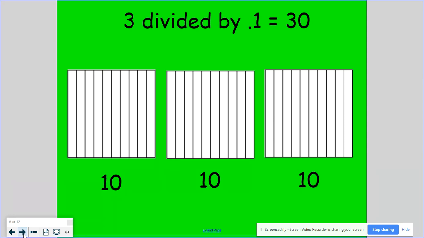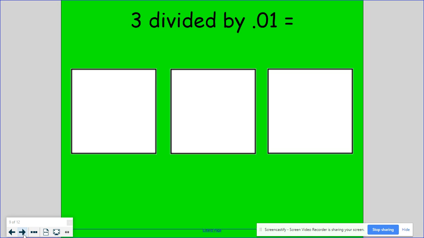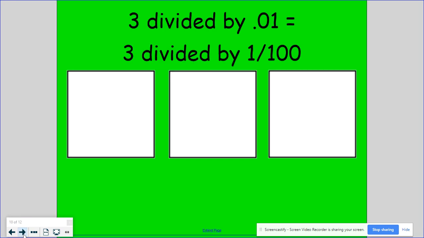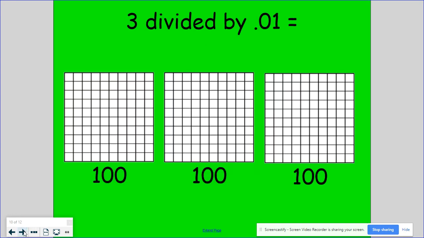What if I divided by something even smaller? I've got these 3 wholes again, but now instead of dividing them into 1/10, I'm going to divide them into 1/100ths. If we looked at it as a fraction, it would look something like this. So if I took this and I divided it into 100 pieces, this one in 100, this one into 100 pieces, it would look something like that.